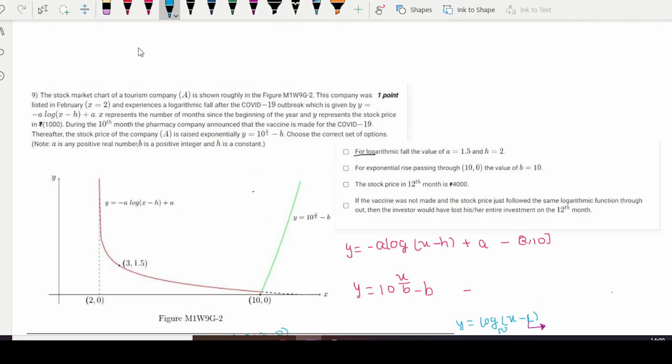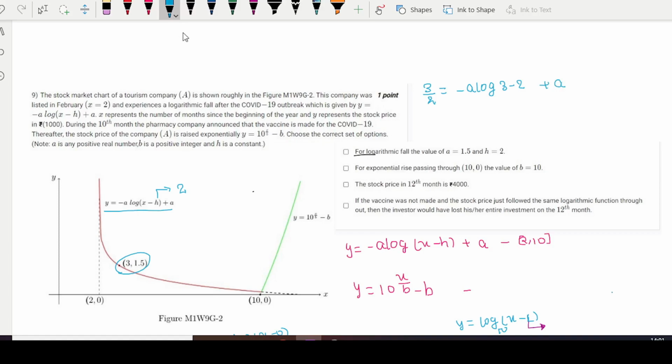Since the asymptote for this curve is x is equal to 2, from here we can find that the value of h will be 2. Since we have one point given, we can find the value of a, hence we can write 3 by 2 is equal to minus a log of 3 minus 2 plus a.